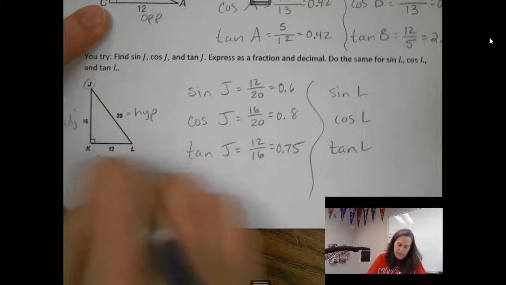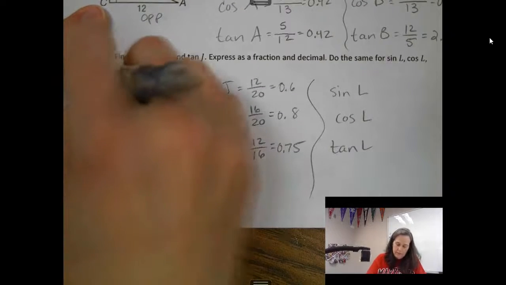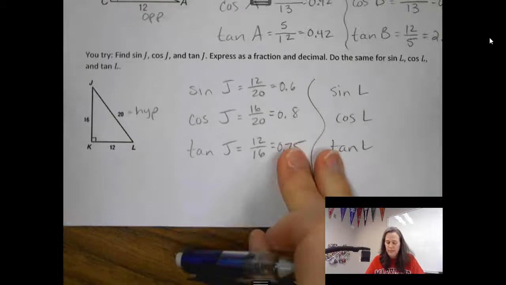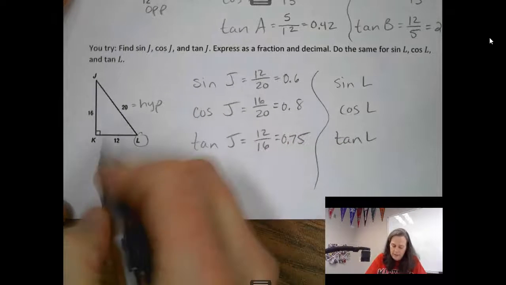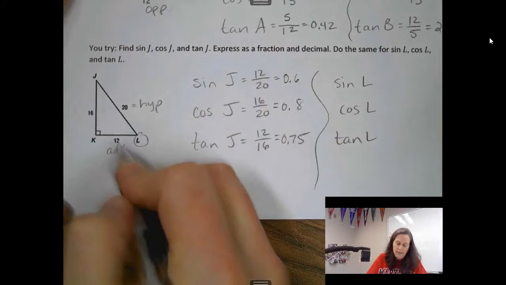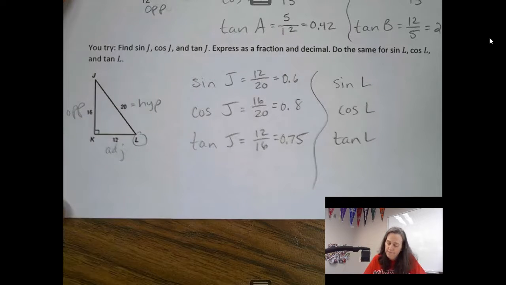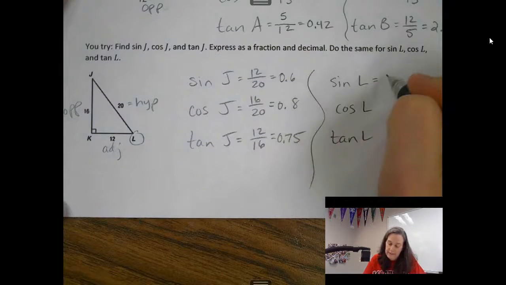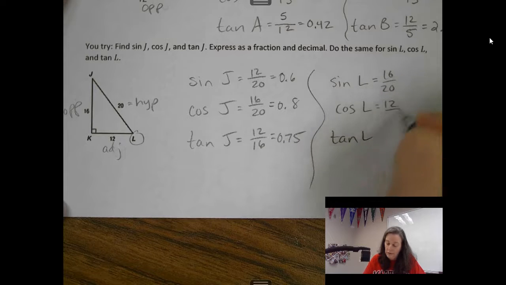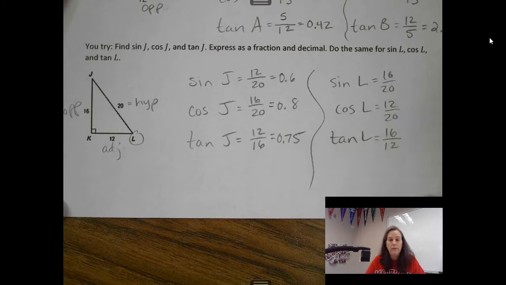So we erased this. And L, this is now adjacent. And this is opposite. We have 16 over 20, 12 over 20, and 16 over 12.